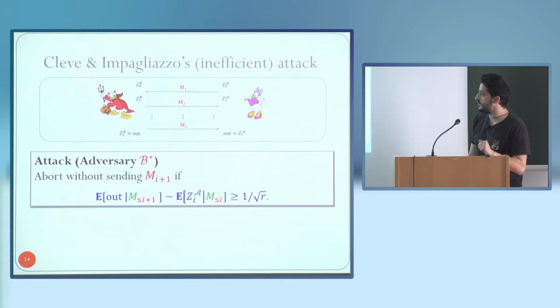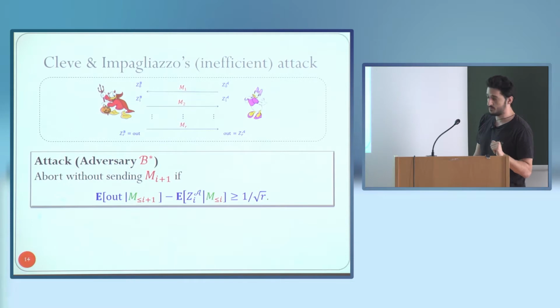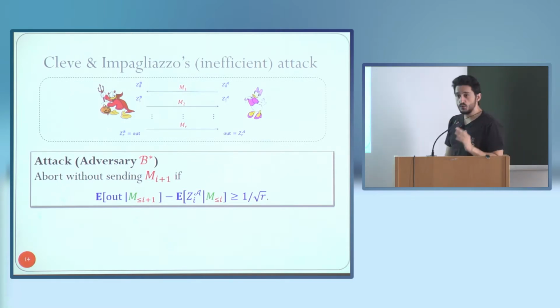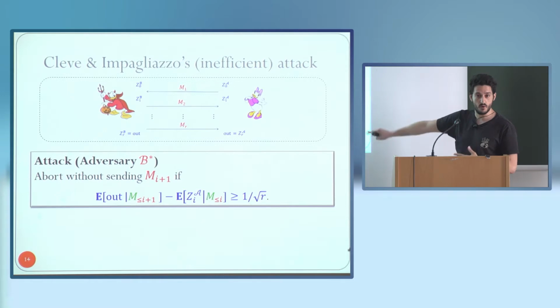The magnitude of the gap is 1 over square root of r. The quantities that are compared are, on the one hand, the expected value of the output given the transcript up to and including message i+1. And the other quantity is the expected value of the backup of the honest party, conditioned on the transcript, not including the message that is not being sent. Okay? Intuitively, this quantity captures the fairness gap that the adversary is trying to exploit.